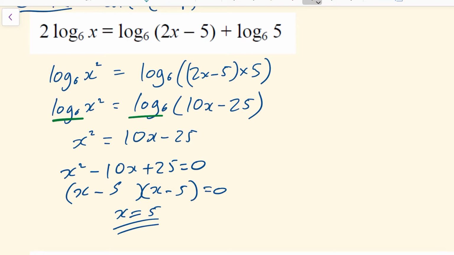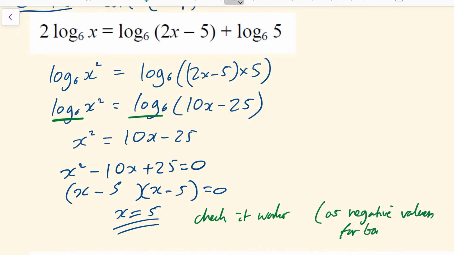Now, it is really important to check that this answer actually works in our original equation, because negative values for logs do not work. I'm going to write this down: check it works.